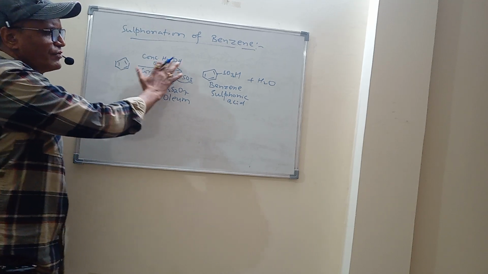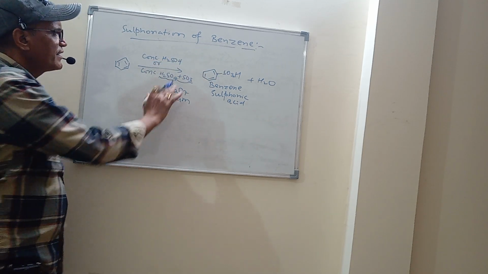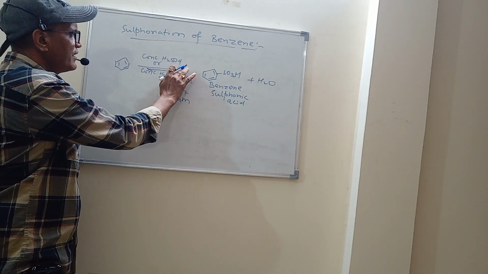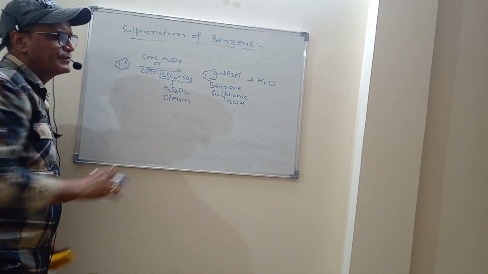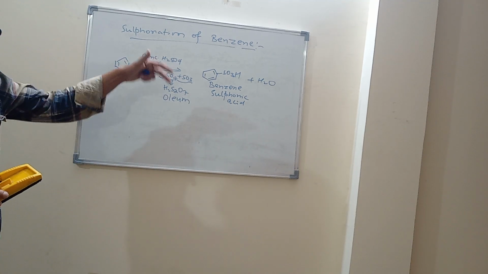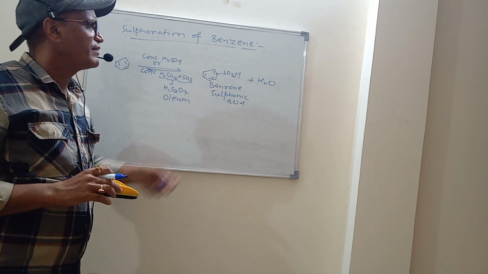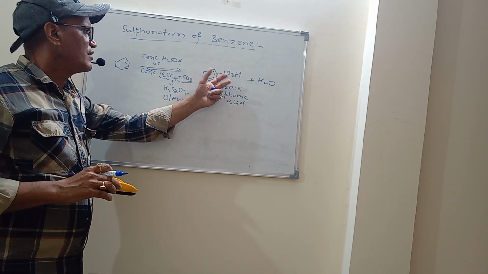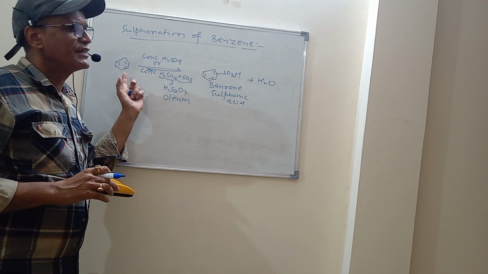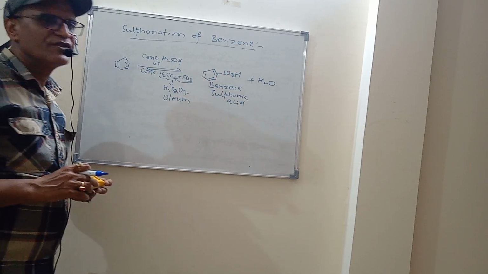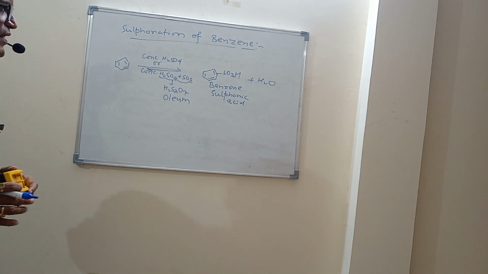Here H2SO4 will also act as dehydrating agent, and this is an example of a reversible reaction. On heating this one further, this will be lost and we get again benzene. That is also called ipso substitution in this case.